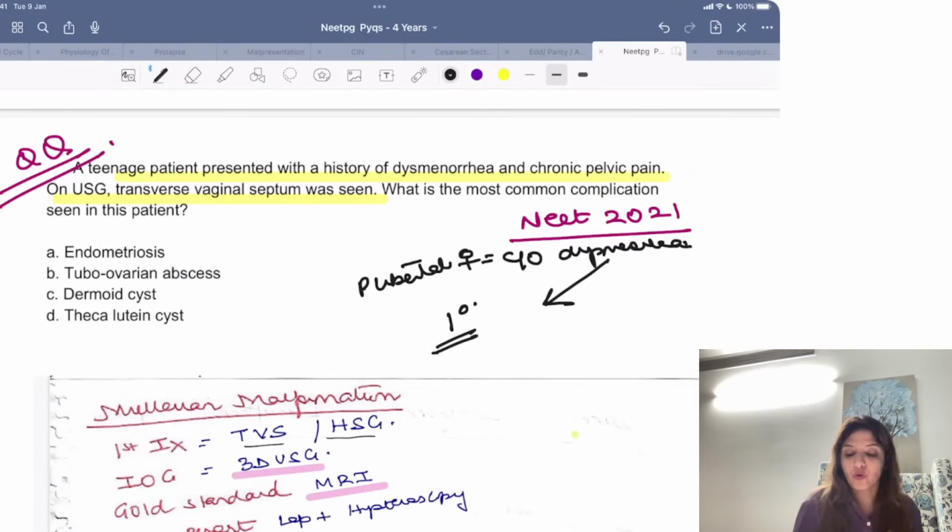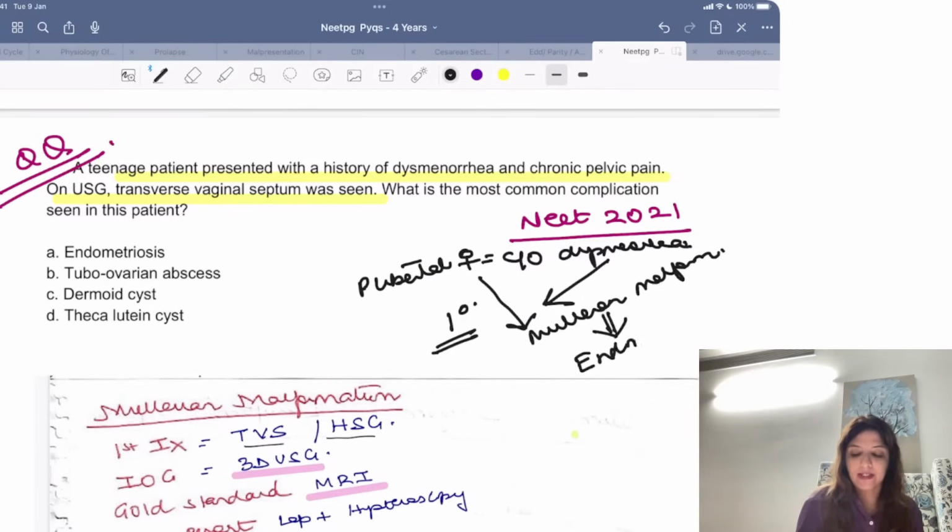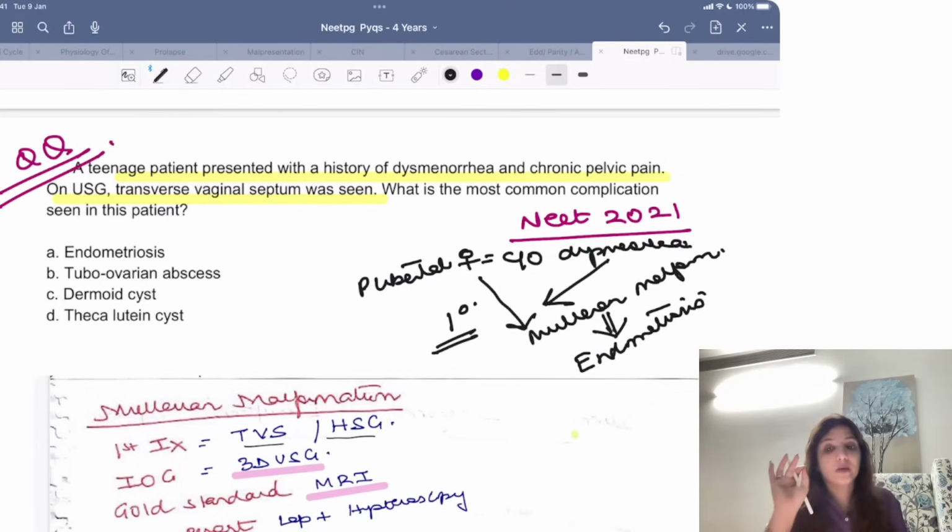But if there is Mullerian malformation in a pubertal female, then this Mullerian malformation can lead to endometriosis. Normally endometriosis is a problem of a reproductive age female. So whenever endometriosis is seen in a pubertal female, right, you have to rule out Mullerian malformations.